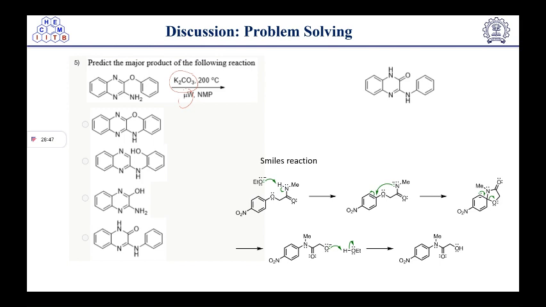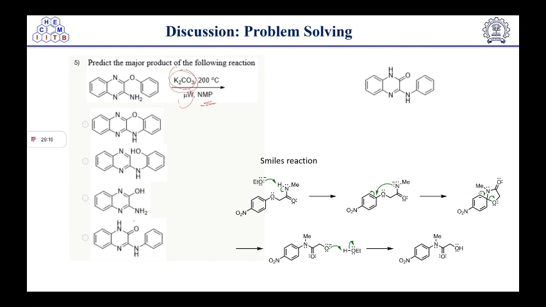Here NMP is given. What is NMP? Anybody? We know that in the Smiles reaction we need a base, and here it is potassium carbonate. But NMP is N-methyl-2-pyrrolidone. Earlier we also had DMPU, right? Here we have NMP. Both are similar, but there is a five-membered and six-membered ring difference.